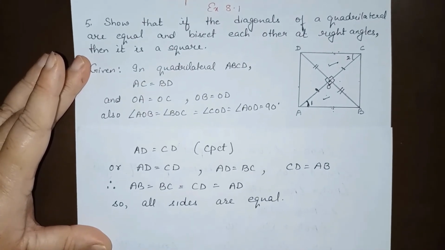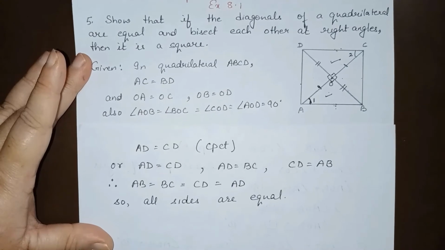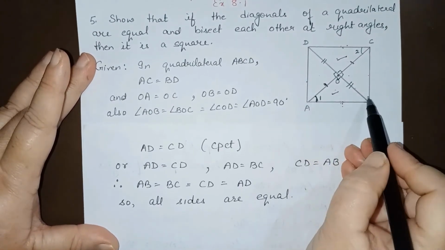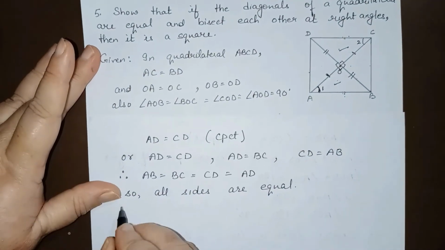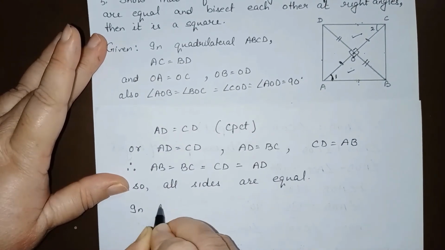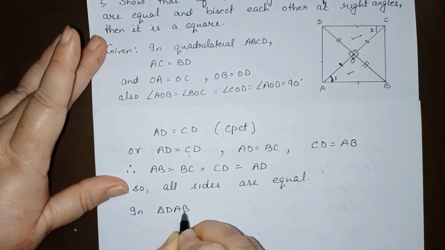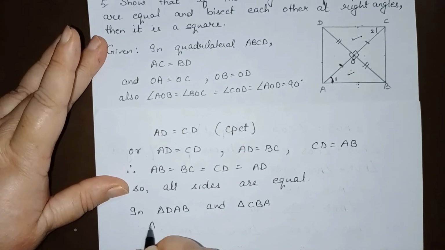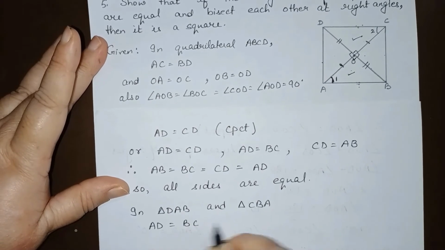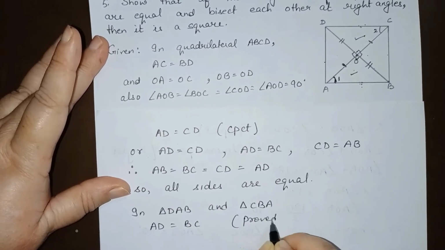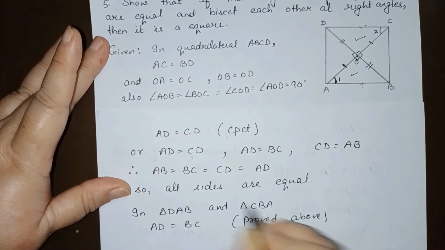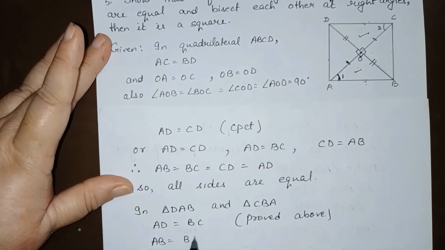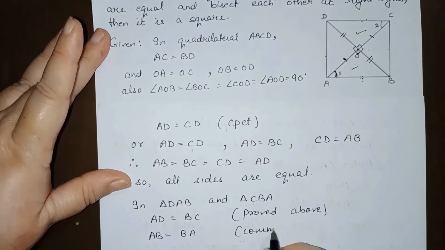But a parallelogram with all sides equal can be a rhombus also. So to prove that it is a square, we need to prove that the angles are 90 degree. So for that, in triangle DAB and triangle CBA, we have AD is equal to BC. This we have proved above, that all sides are equal. AB is equal to BA. This is common.